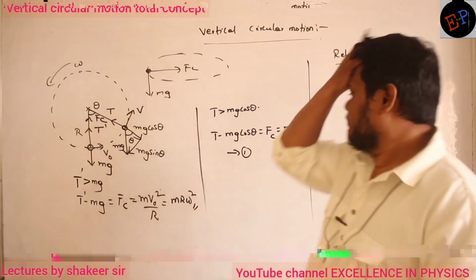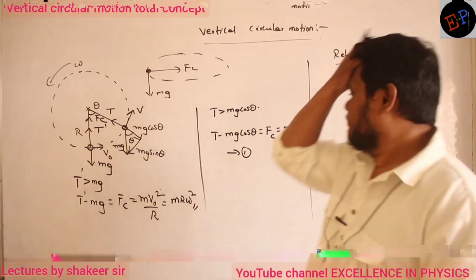So at 133 degrees, tension changes direction. The direction of tension will be changed and tension will never become zero. Why?